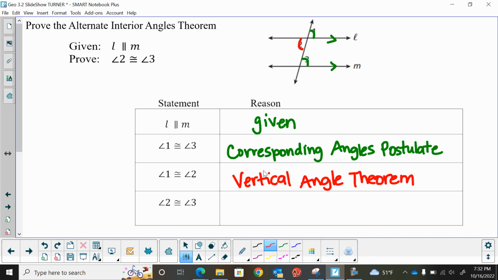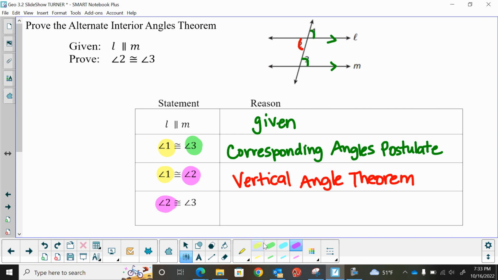And then, how do we get 2 and 3 congruent? We can see from the diagram, right? So 1 and 3 are congruent, and 1 and 2 are congruent, so notice all 3 of them are congruent. So we have angle 1 congruent to angle 3, but angle 1 is also congruent to angle 2.